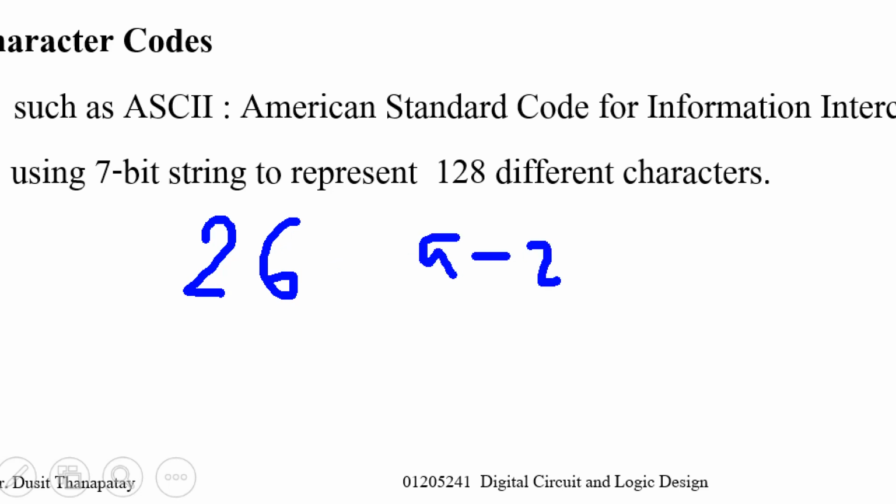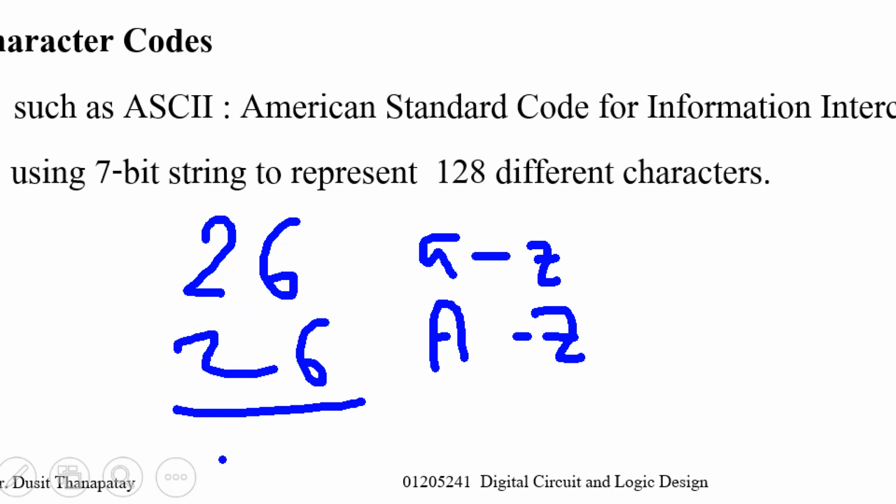A to Z. Lowercase and capital, that means there are 52 in total, and some symbols, for example question mark, full stop, colon, semicolon, and so on. In total, maybe it's greater than, not sure, 70 or 80, right?